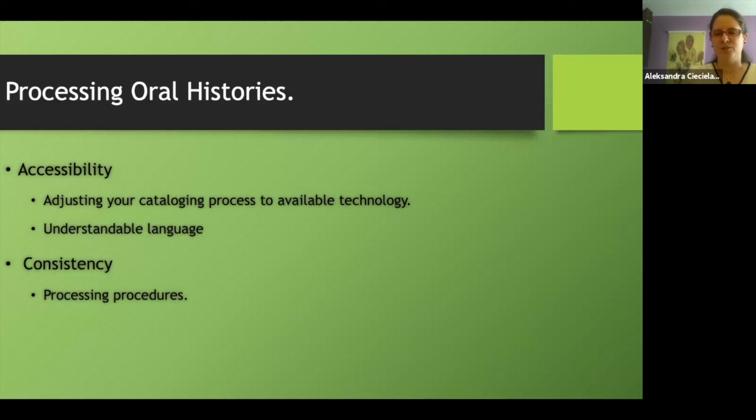So there are really two ways to process oral histories. The probably most desirable one would be to transcribe the interviews word by word, but it very rarely happens because it's extremely time consuming and very expensive. It also requires people with certain language skills because you're transferring spoken word into written word, and you cannot really cut anything out of the narrative.